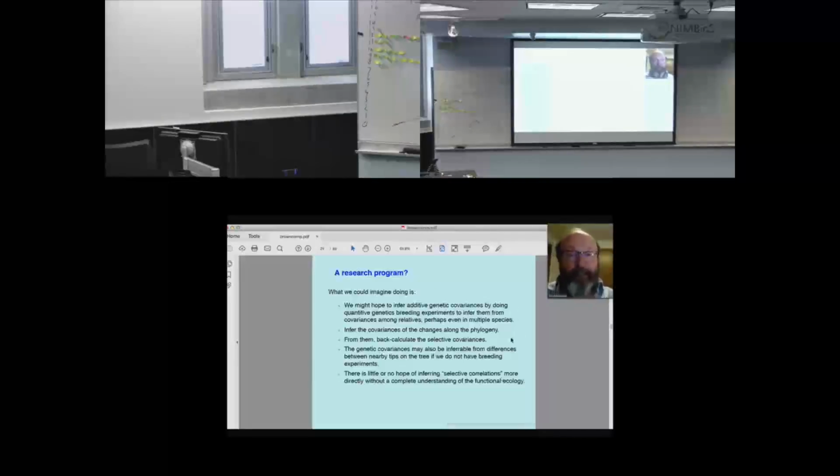So the point I'm making is that you're back calculating selective covariation. And I think that in a sense, that's something that people would really like to know. It's nice to know the G matrices, but what you'd really like to know is, what is natural selection doing in nature? And how does that relate to the ecology?